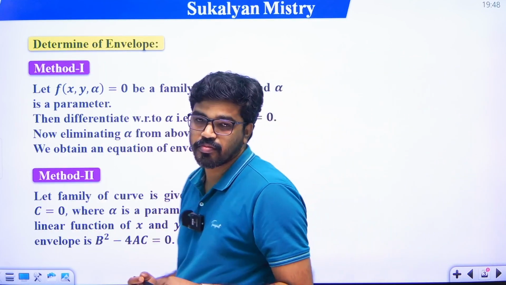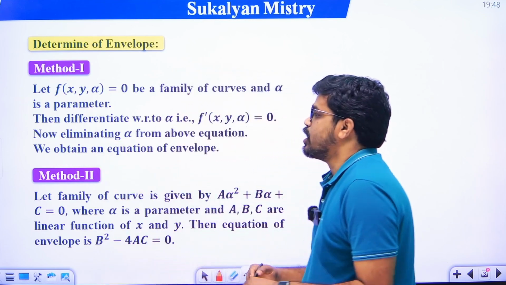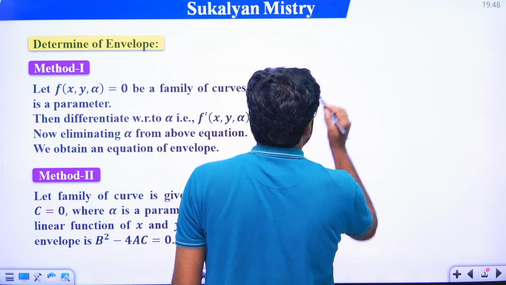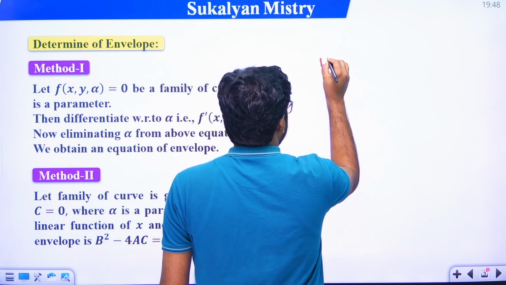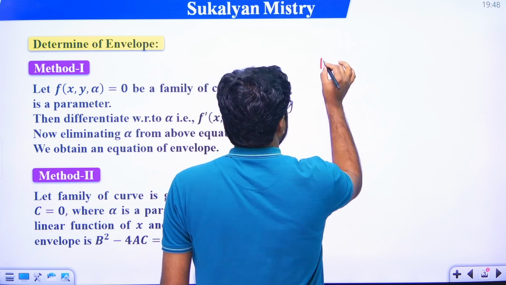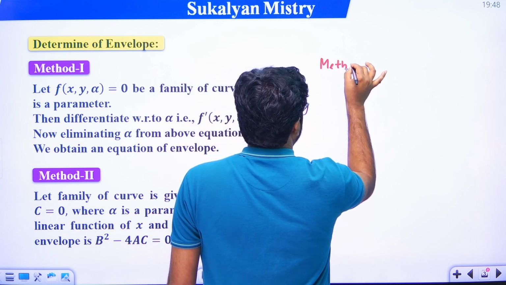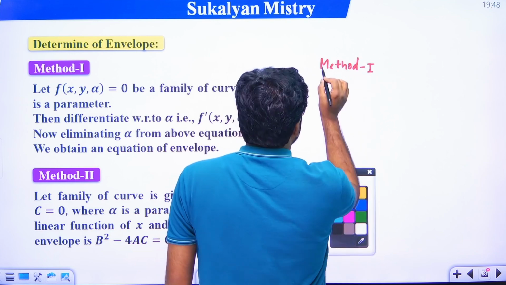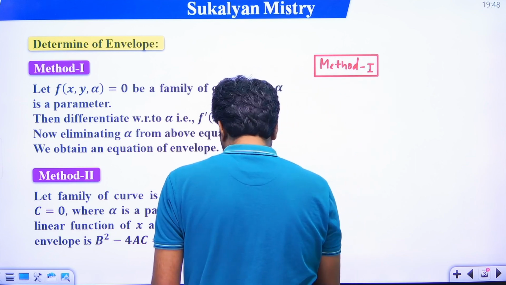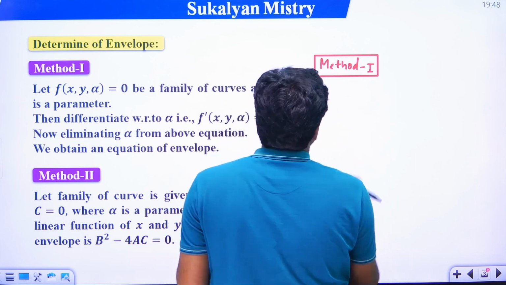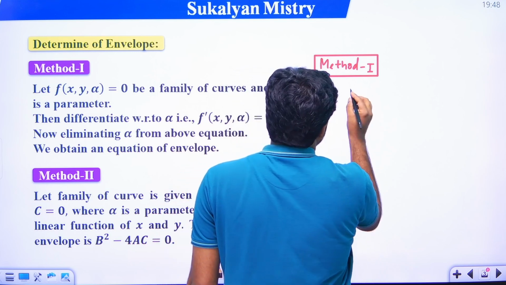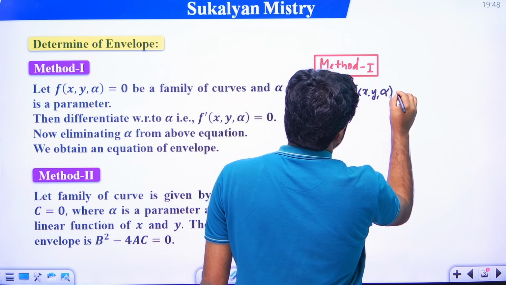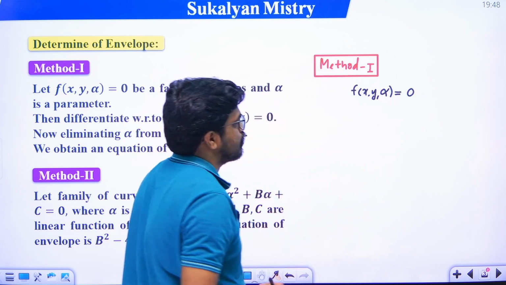First method, method 1: suppose the family of curves is f(x, y, alpha) equal to 0.